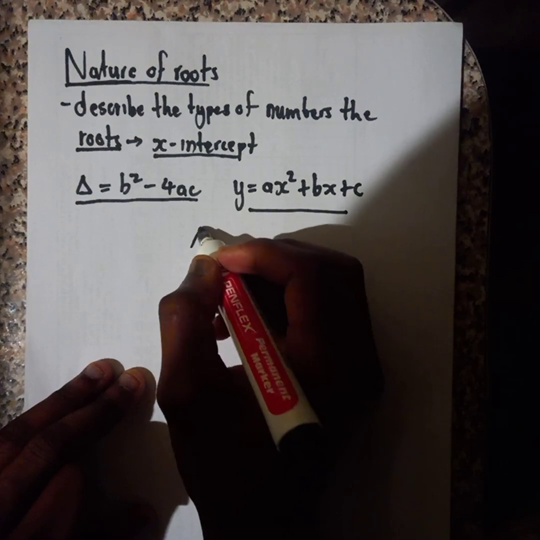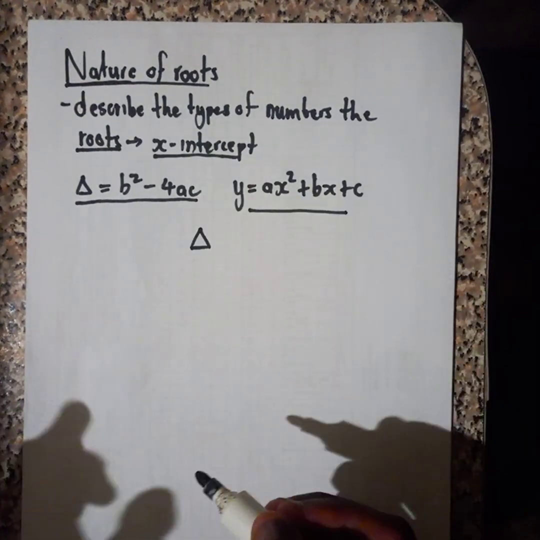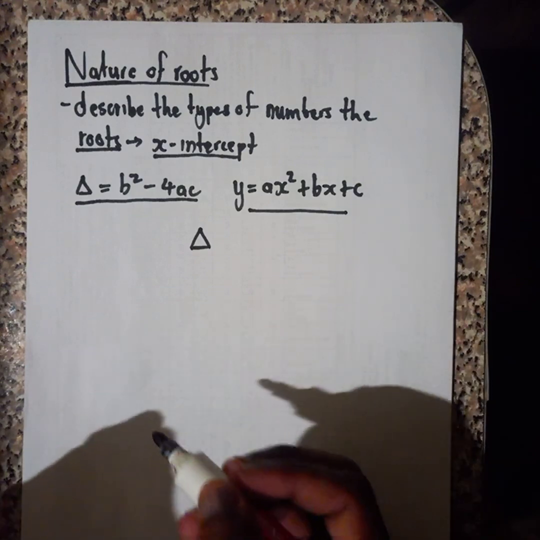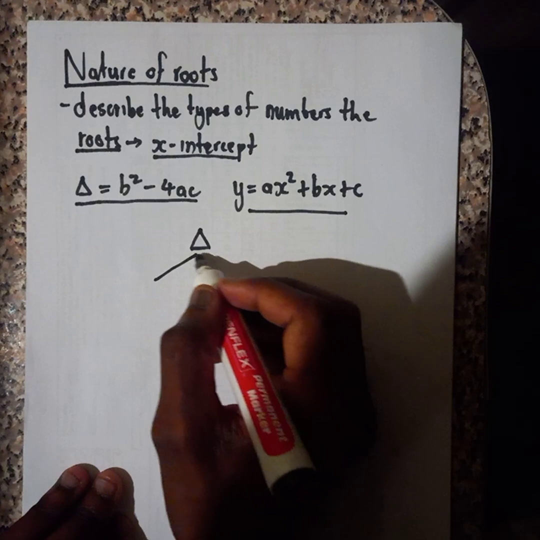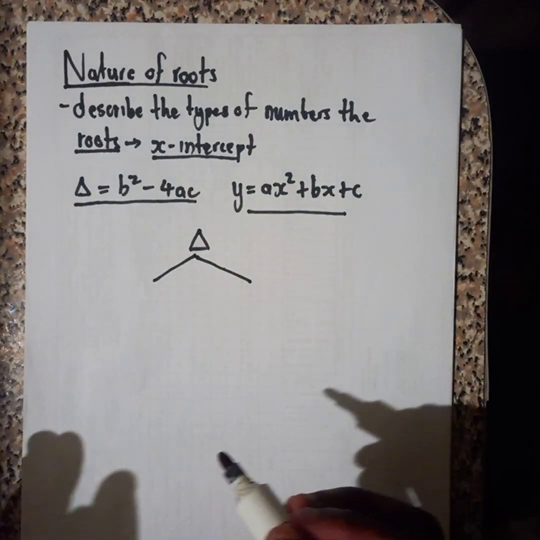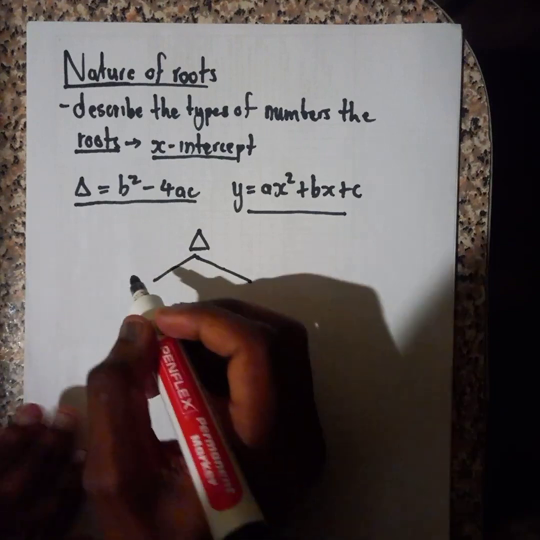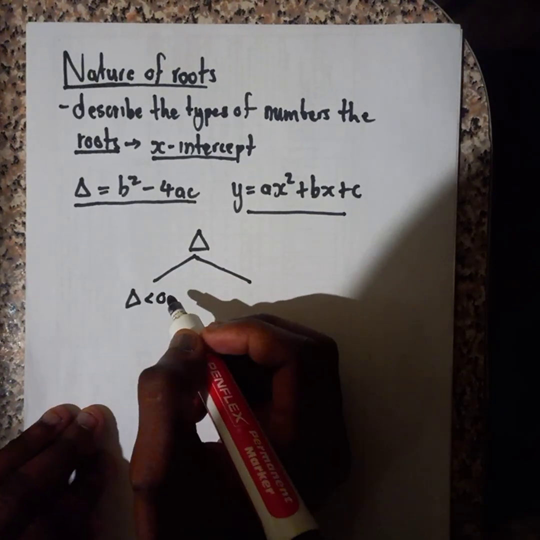We start with delta, the discriminant of any given quadratic formula. The condition splits into two components. The first component is where your discriminant is less than 0.